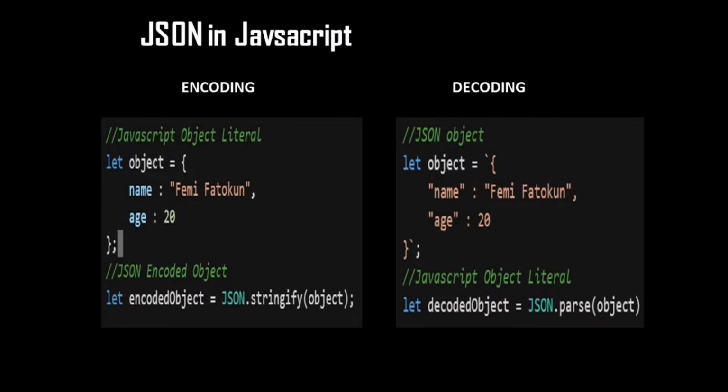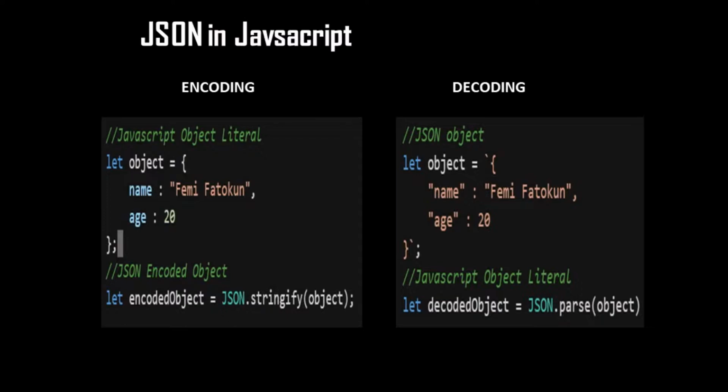This is going to return a JSON encoded string for you that you can send to a server that is supposed to parse JSON, or store and so on. So this is how to encode a JavaScript object or array and turn it into JSON format.